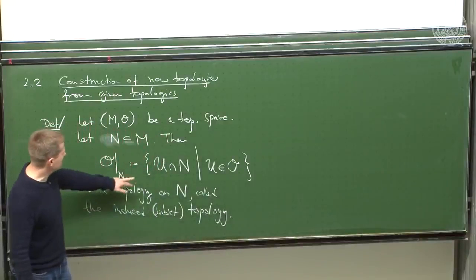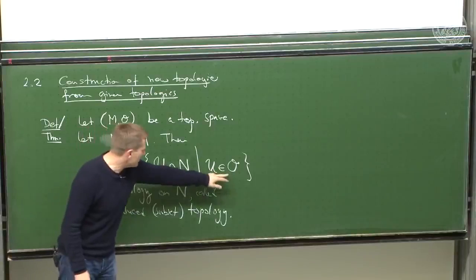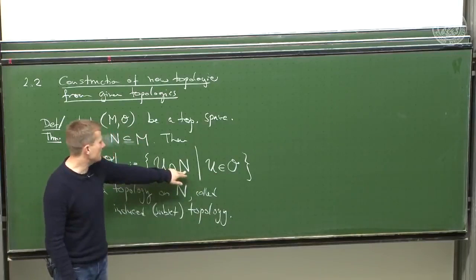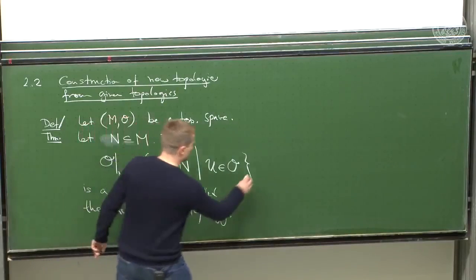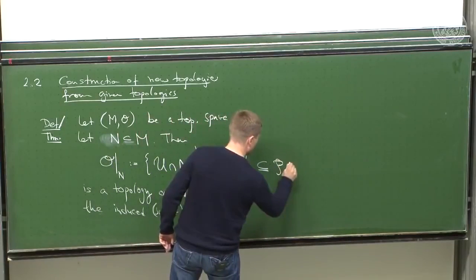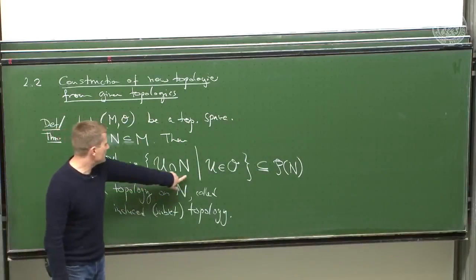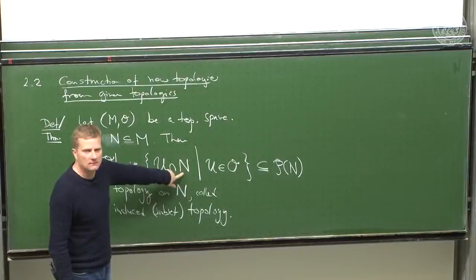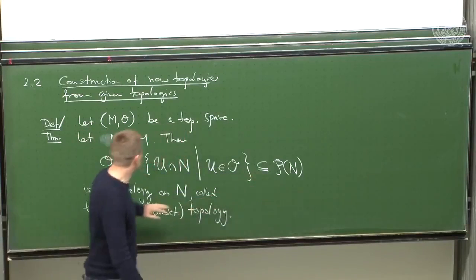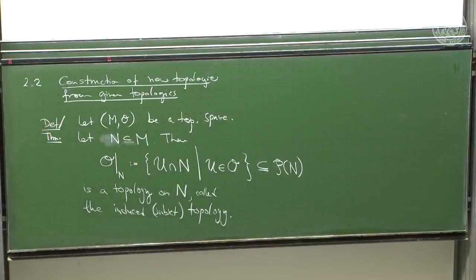Namely, obviously, it has been constructed from the topology on the bigger set by intersecting any open set on the bigger set with the subset, such that the entire O_N is certainly a subset of the power set of N. Any of these is a subset of N, clearly. Hence, we have a chance that this is a topology because it's a subset of the power set of N in the first place.